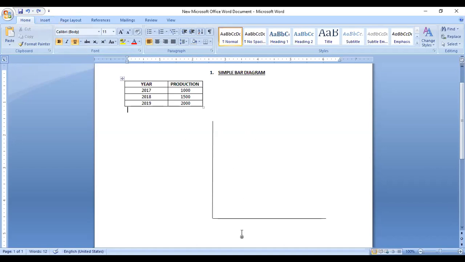You can see, this is x-axis. I am taking years 2017, 2018, and 2019.